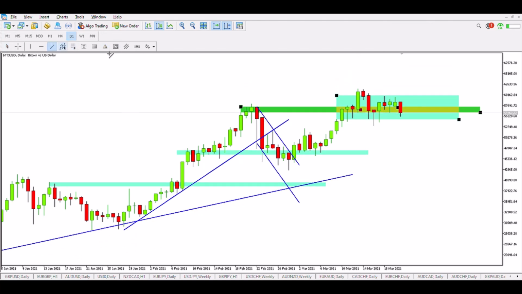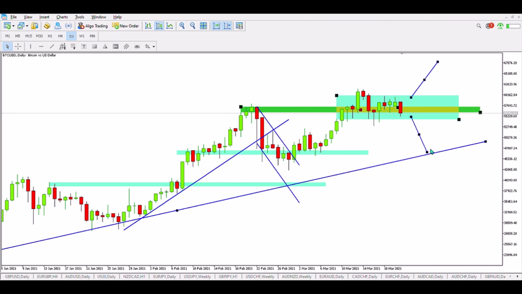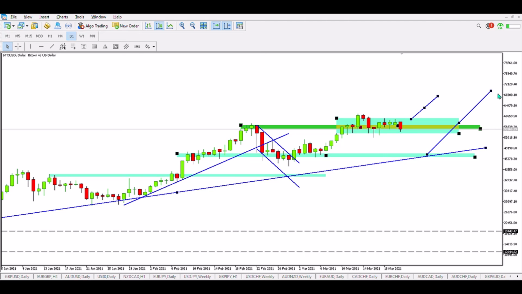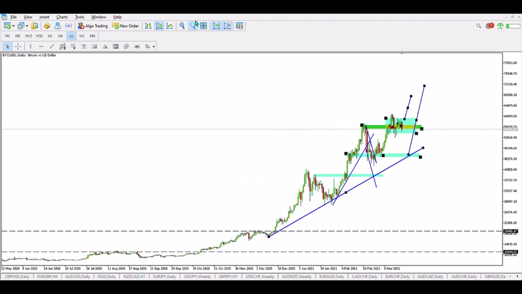It will break out either bullish above or bearish, and will correct to this support area, which is nice because here we have the trend line going on and it will be double support. And this area can attract more buyers to buy the Bitcoin and to expect another move to these previous highs or even create a new high, and 70,000 will be something very crazy for this new coin.